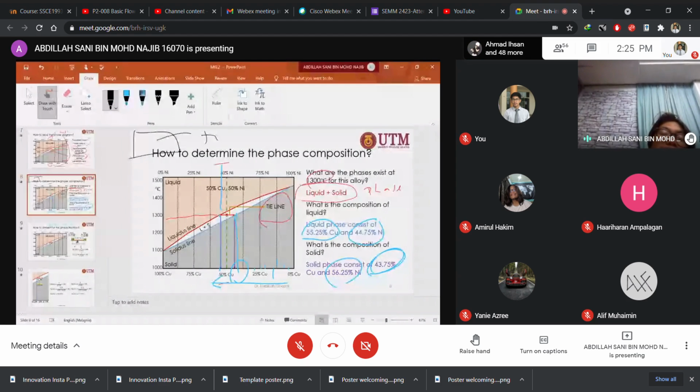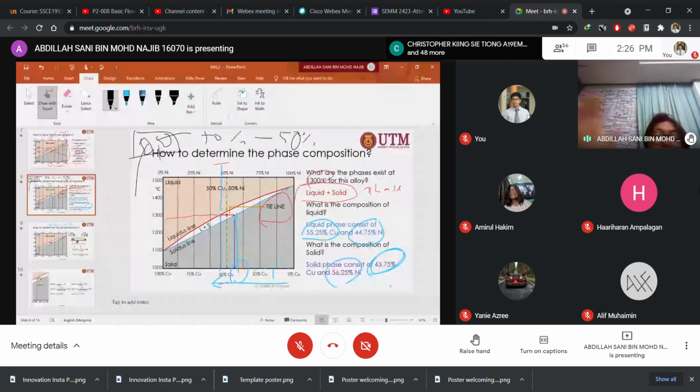This green line indicates the total is 50 to 50, but at this temperature it exists in two phases, and each of the phases is given by the tie line which we saw just now.